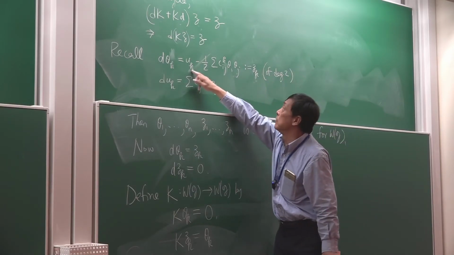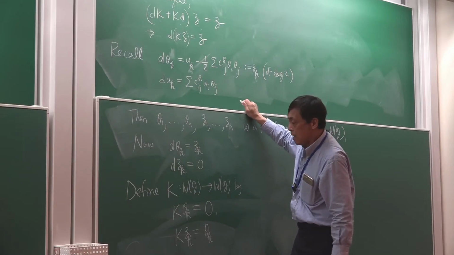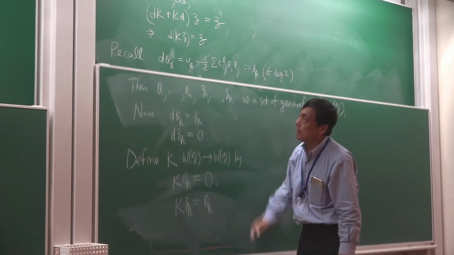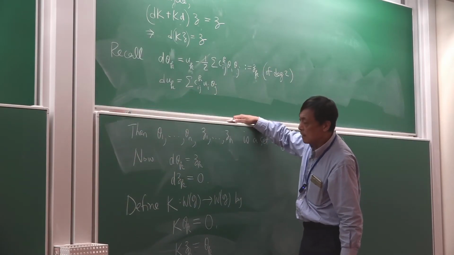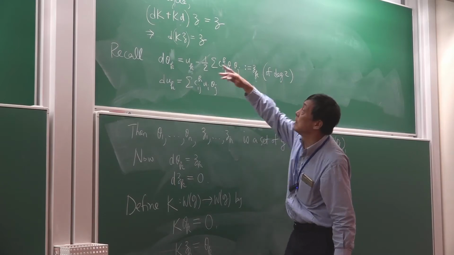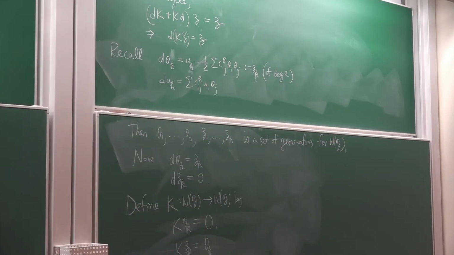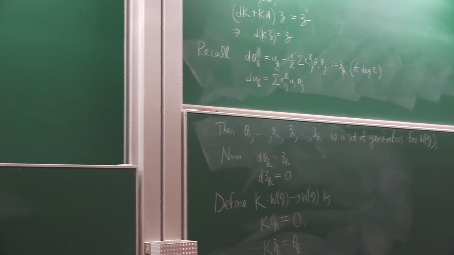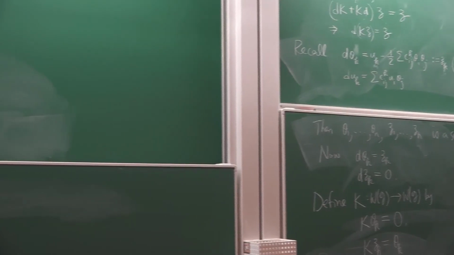Because uk has degree 2. Okay, so I define k that way. And now let's compute dk plus kd. So let's see.